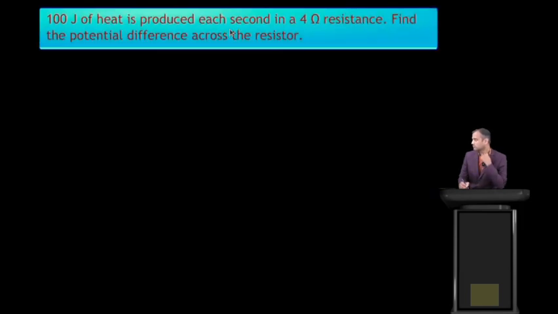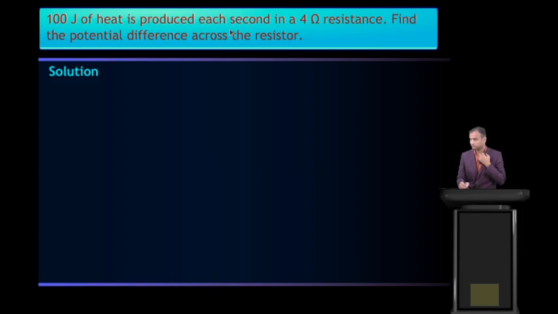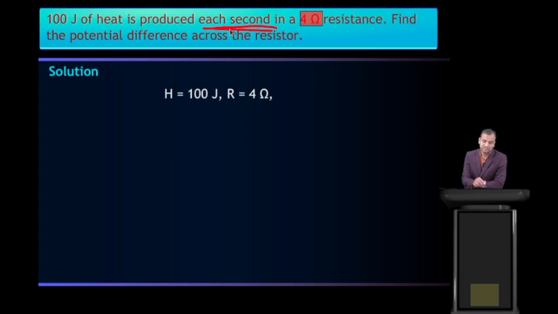Now the next question is, 100 joule of heat is produced each second in a 4 ohm resistance. Find the potential difference. So here we are given heat H and R, and we have to find V. H is given 100 joule, R is given 4 ohm, and time is given each second. So look here, it is each second, so time is 1 second.